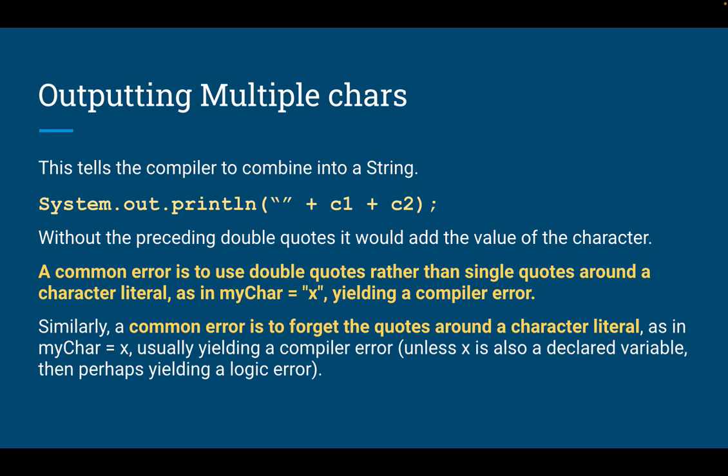It's just going to add the numbers together. And that may not make sense to you. You're like, no, don't add it together. It's not now 97 plus whatever other character that is. So you have to put the double quotes plus and then that sequence.